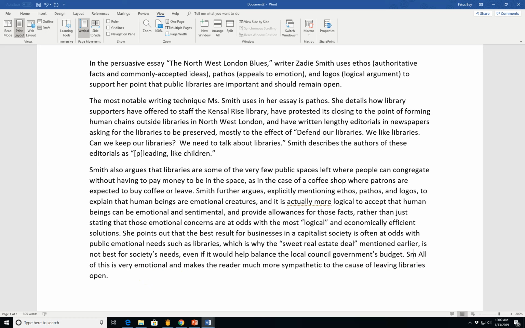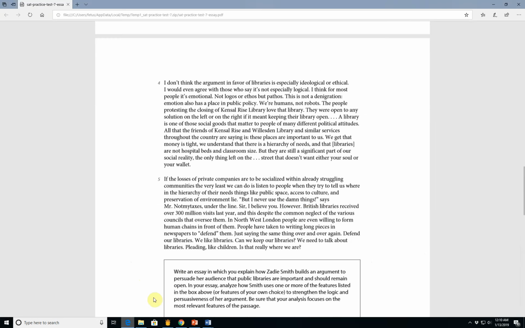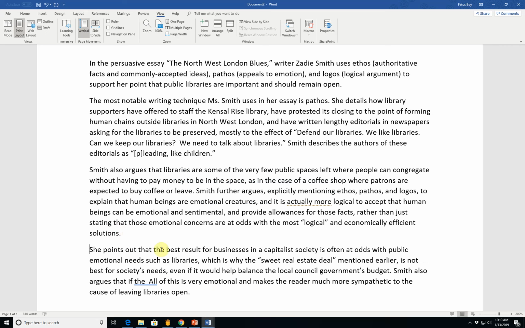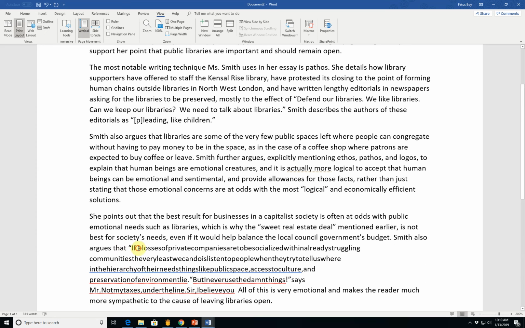All right, we can put in here also, if the losses of private companies are to be socialized, okay, so we're going to put spaces here, so the time that I have to spend on this will be approximately the time that it would take you to copy this by hand, within already struggling communities.